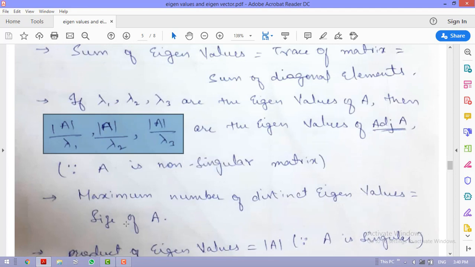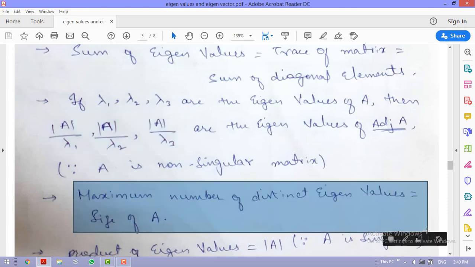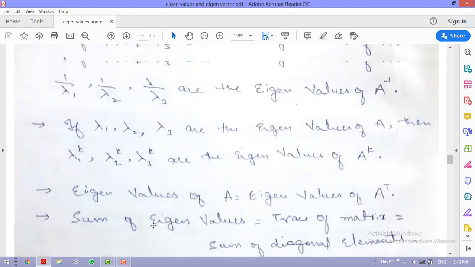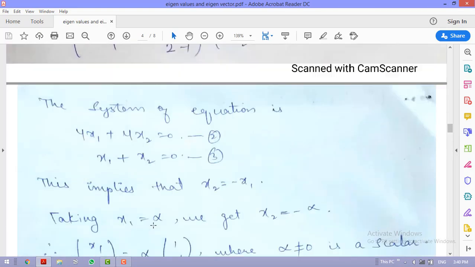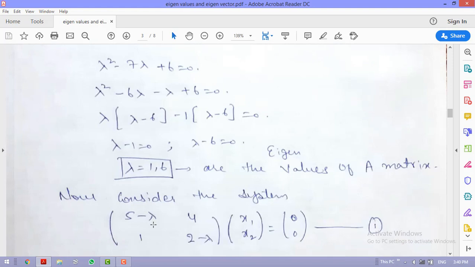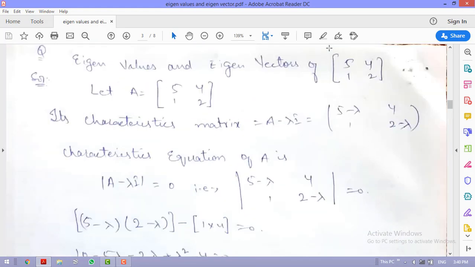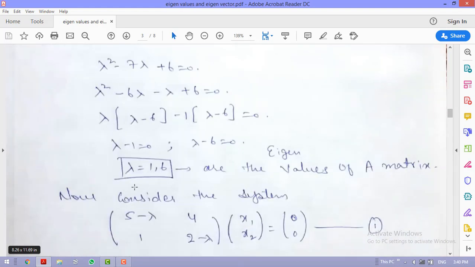Alright, now let us see the next property, which is that the maximum number of eigenvalues is equal to the size of A. Like if you see in this problem that the size of the matrix is 2 by 2, even here we got the values of lambda, meaning the eigenvalues, as 2.